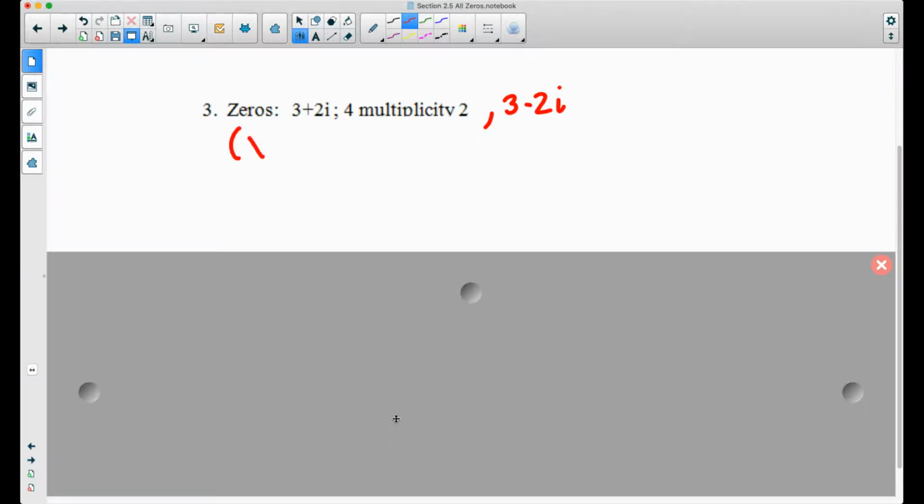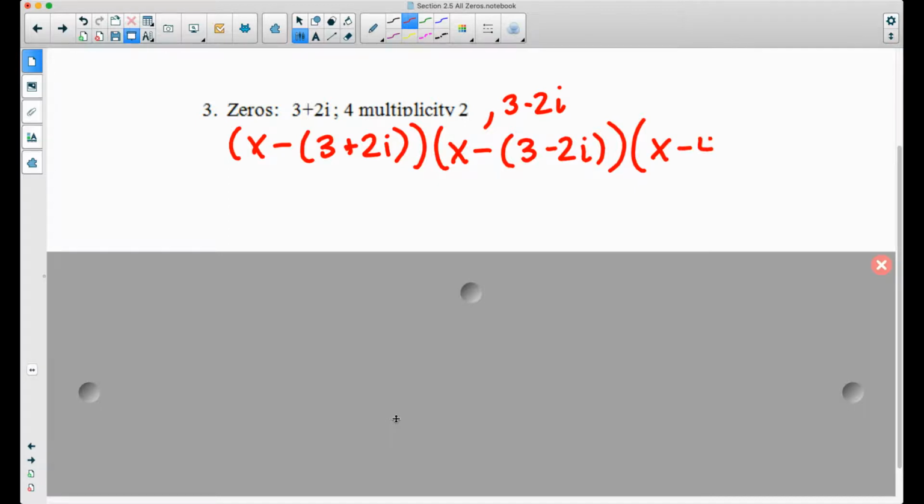So we have x minus 3 plus 2i, x minus 3 minus 2i, and x minus 4 with a multiplicity of 2, which means I have 2 of them. Multiply it out, just like we did the radicals, but now we've got imaginary numbers.